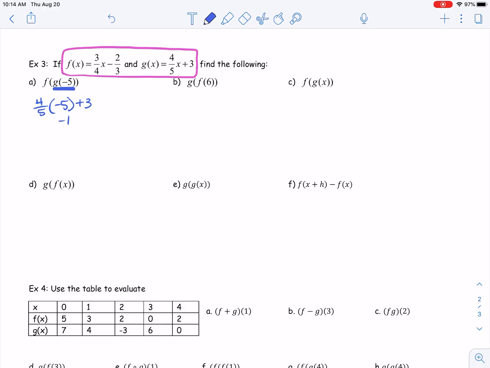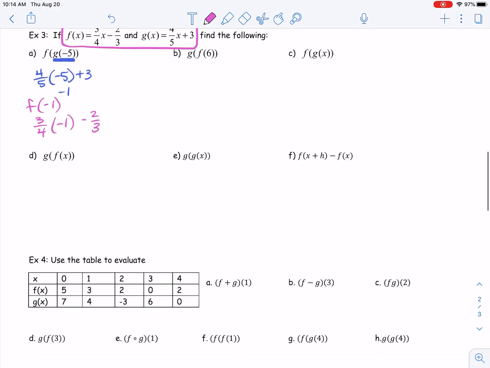So now I'm really only finding f of negative 1, which would look like 3/4 times negative 1 minus 2/3, which would really just be negative 3/4 minus 2/3. Right here, I need to find a common denominator between negative 3/4 and negative 2/3.